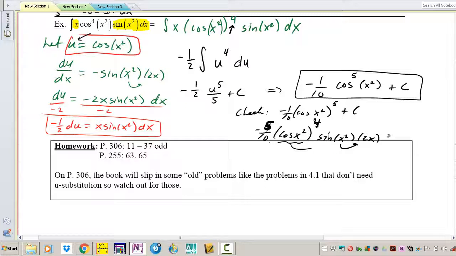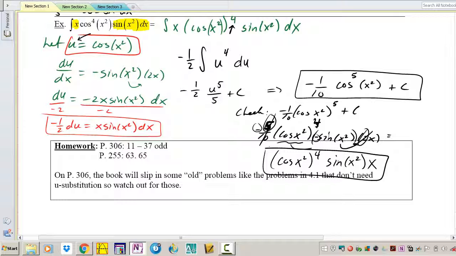And then notice that a 2 times a 5 gives you a 10, and I forgot that sine is a minus when you take the derivative of cosine. So now you have a negative times a negative, which is a positive. You have that cancel, so you have a cosine x squared raised to the fourth sine x squared, and then of course times x.